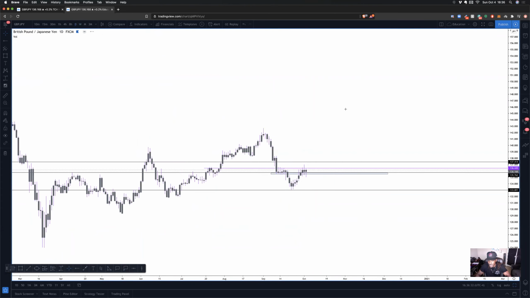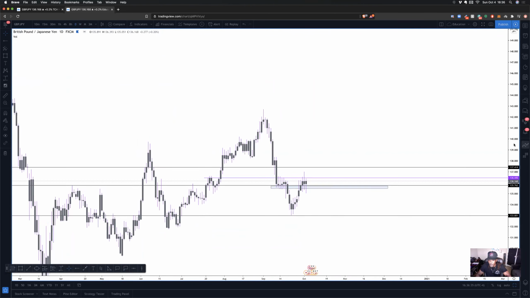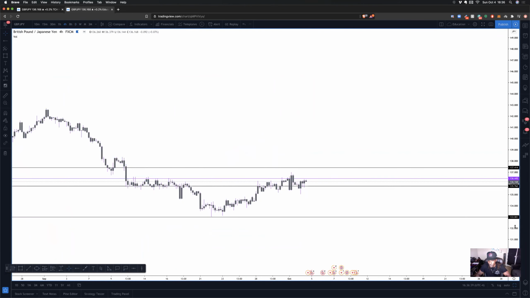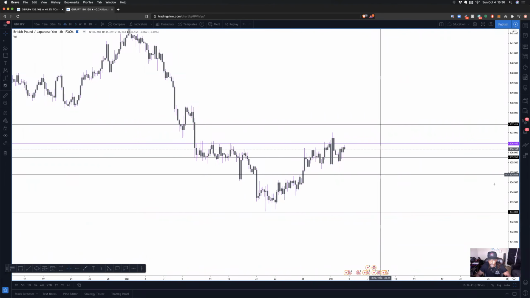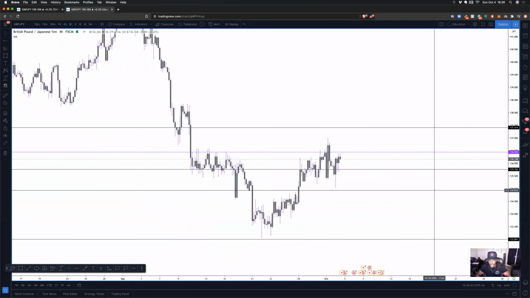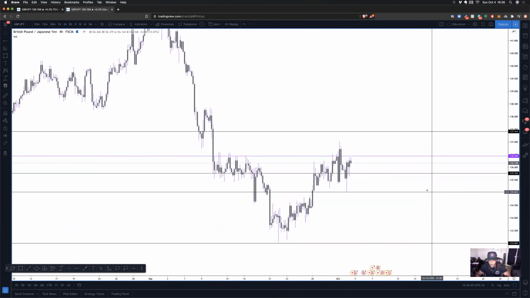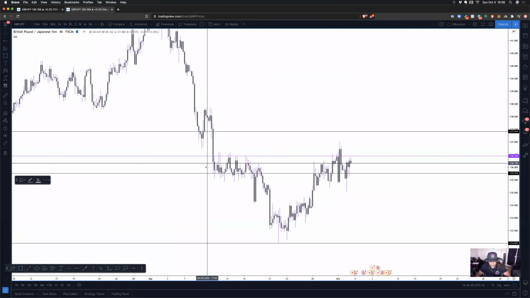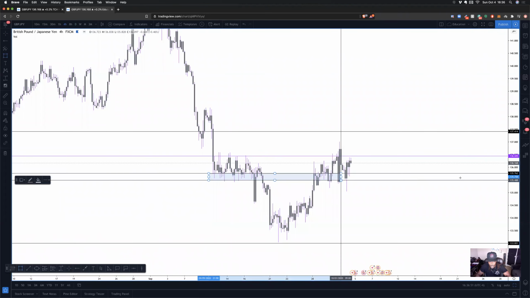I'm expecting to see some type of pullback because the candles did close, but we're going to drop into the 4-hour time frame and see what that is looking like. So when we're on the 4-hour, we can see that we do have this level of support in here.